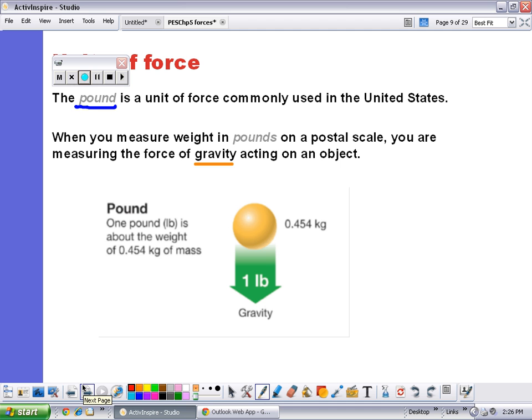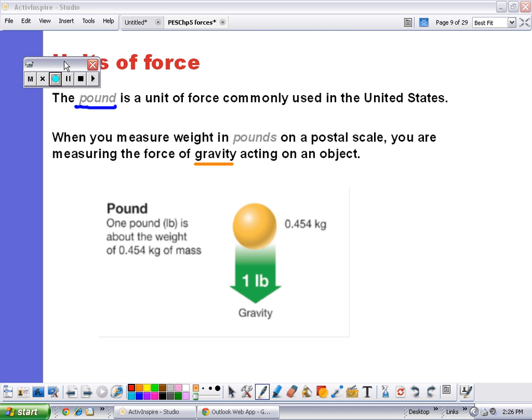The pound is a unit of force commonly used in the United States. So when you measure weight in pounds on a postal scale, you are measuring the force of gravity acting on an object. When you step on your scales at home, you are actually measuring the pull of gravity on you. So if you're measuring gravity, which is a force, technically it shouldn't measure pounds, it should be measuring newtons.